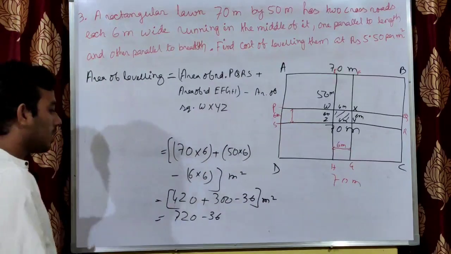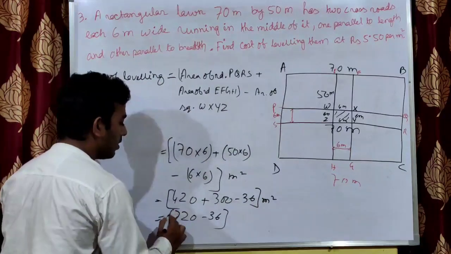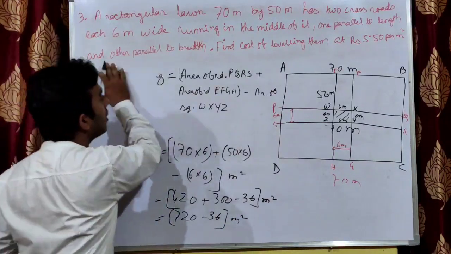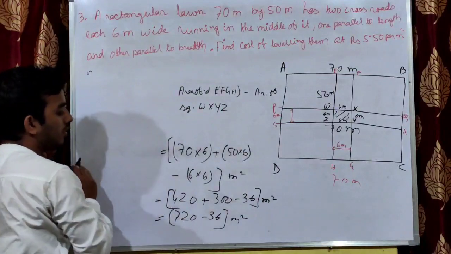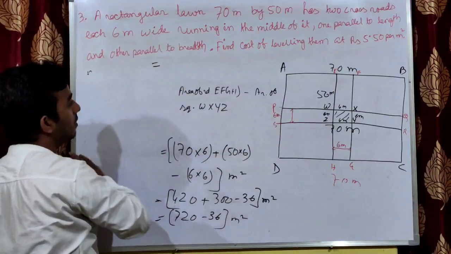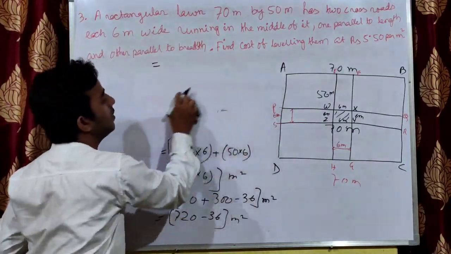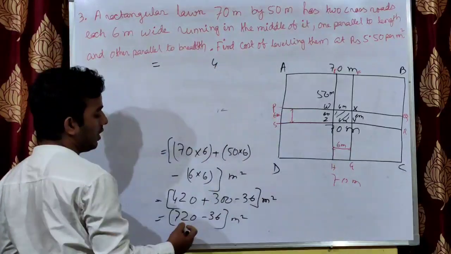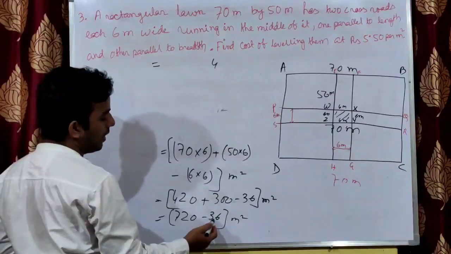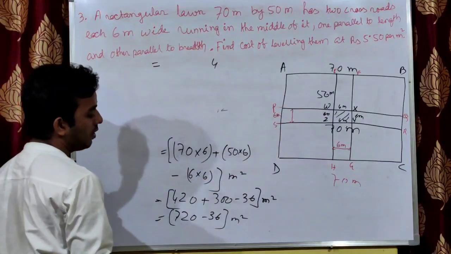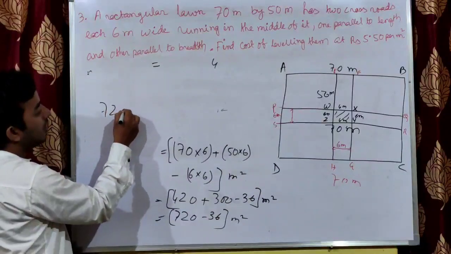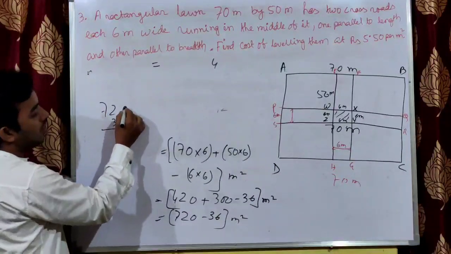Now if we subtract 36 from 720, there is 0, right?